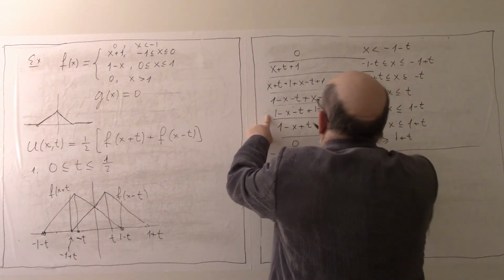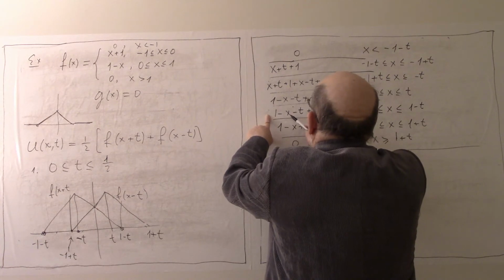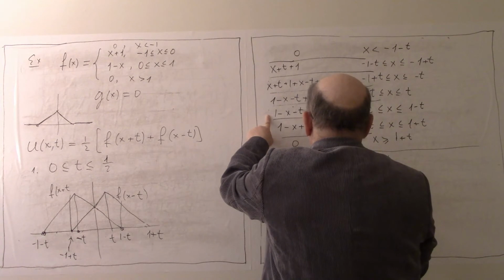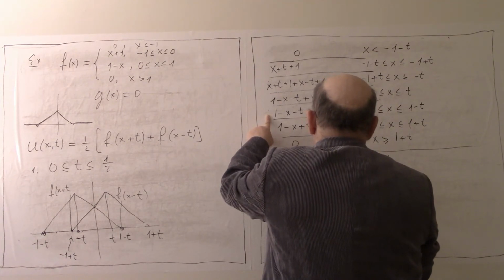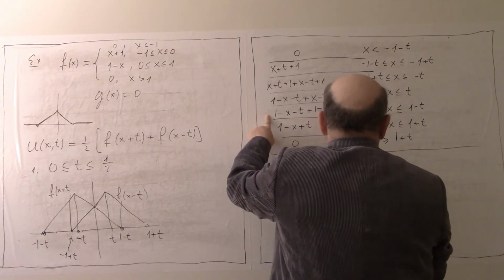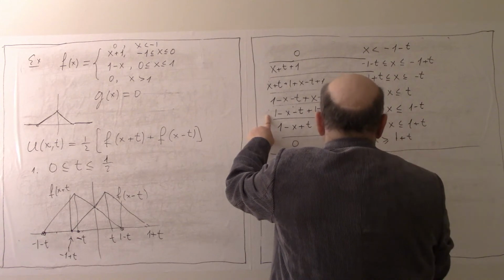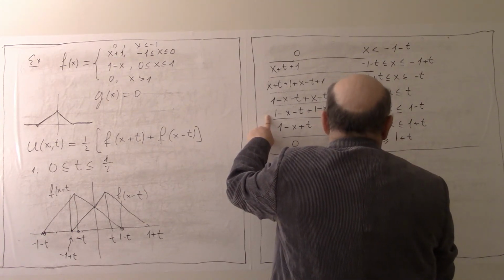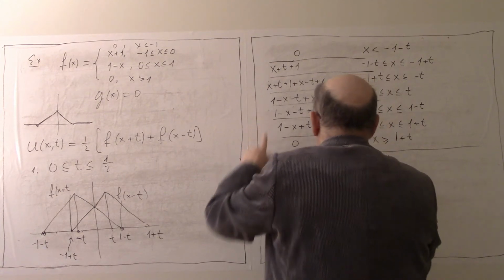Here it is 2 minus 2x, for t less than x less than 1 minus t.